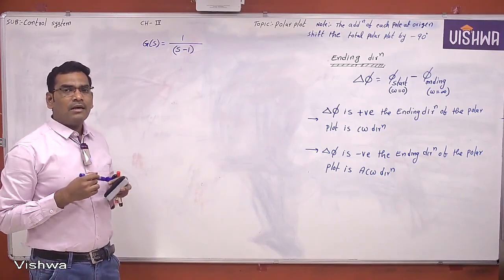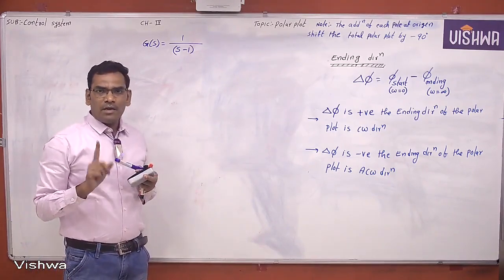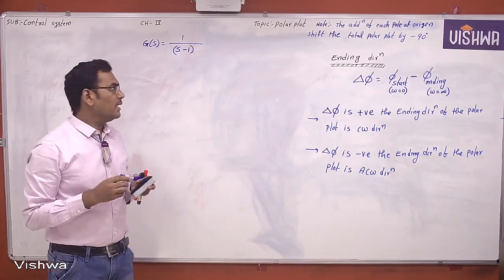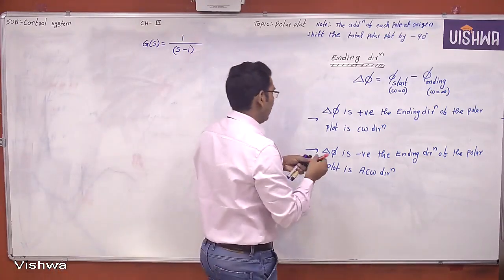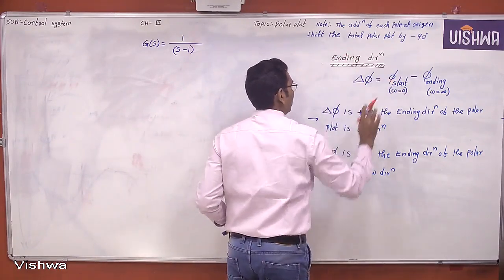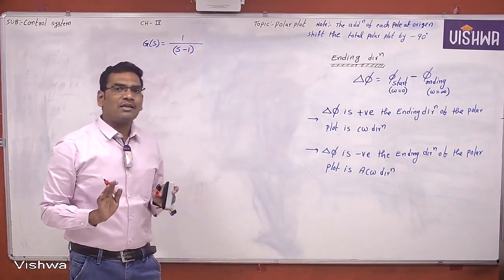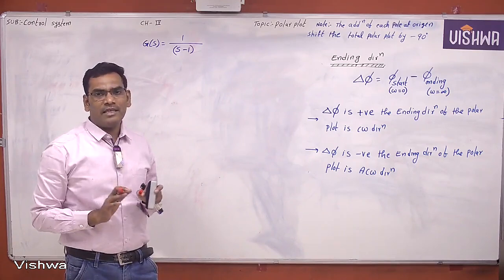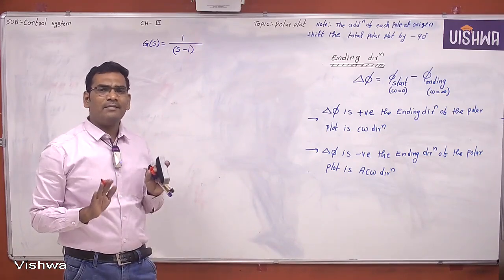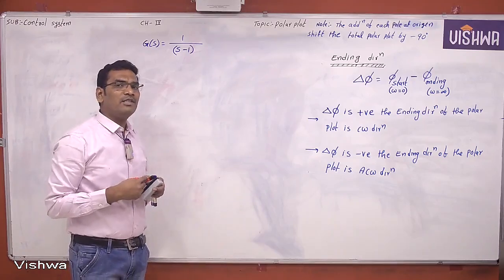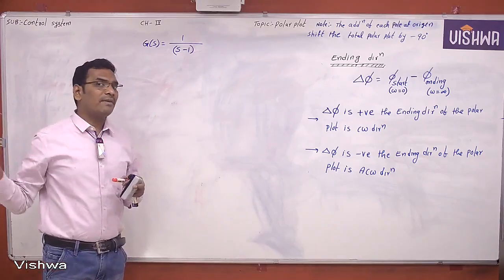Why? Because all the shortcut methods I am describing, except the ending direction, are valid only for finite poles and finite zeros. The ending direction is available everywhere because it is based on phase difference. Type and order means finite pole, finite zero. What is the meaning of finite pole and finite zero? A finite pole and finite zero must lie on the left hand side of the S plane.